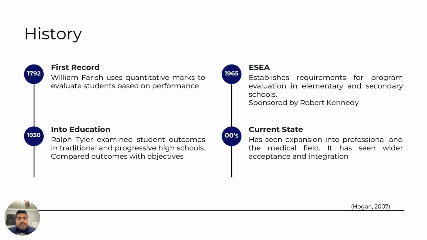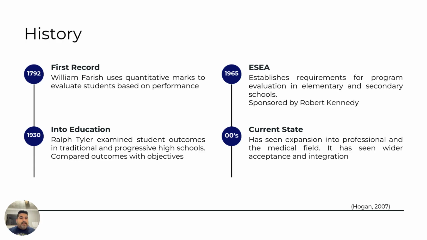And then in 1965, Robert F. Kennedy introduced the ESEA Act, the Elementary and Secondary Education Act, in order to make sure that educational institutions were using funds in order to improve student outcomes.